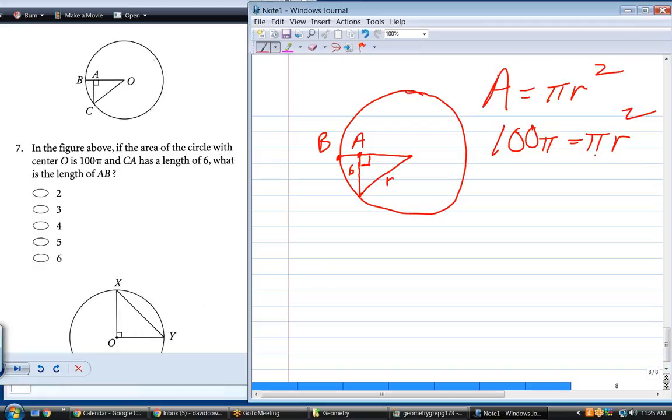Divide by r squared? No, divide by pi. And then it'd be 100 is equal to r squared, and the final line, r is equal to 50.